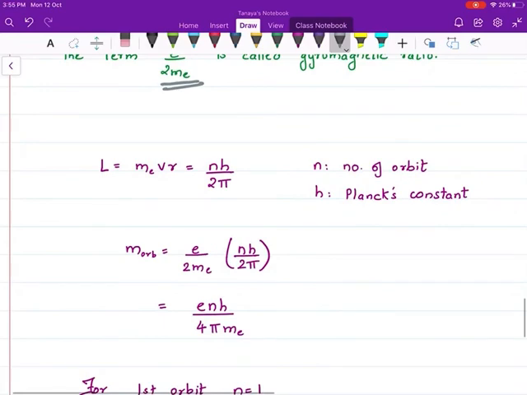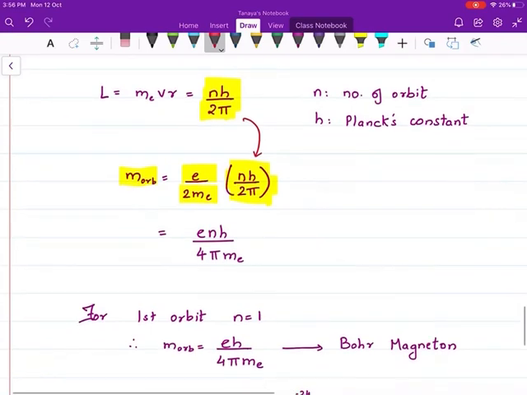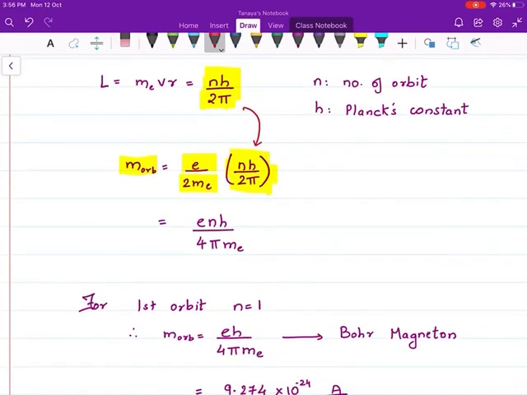So I can also write m orbital is equal to E upon 2me, that is the gyromagnetic ratio, into L. Now in place of L, I have substituted this. Solving that, I will get m orbital is equal to enh upon 4 pi me. This is also a formula for m orbital.